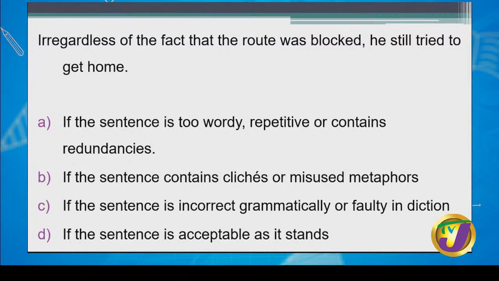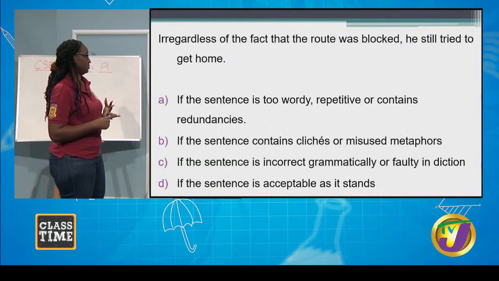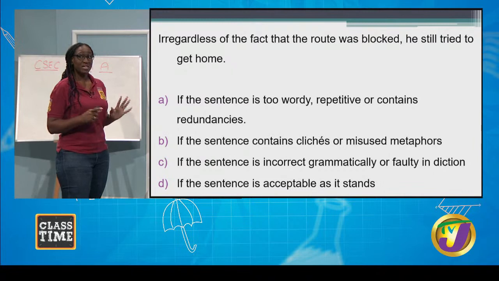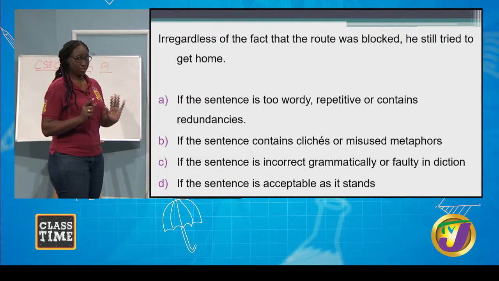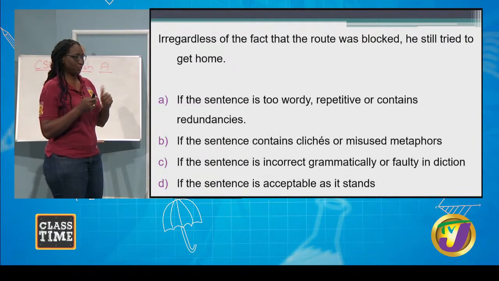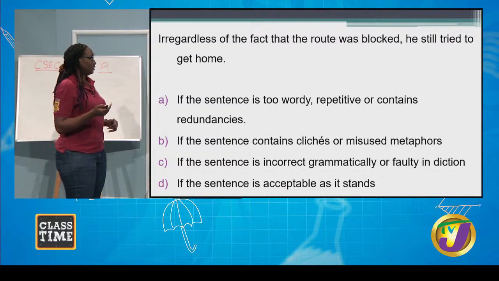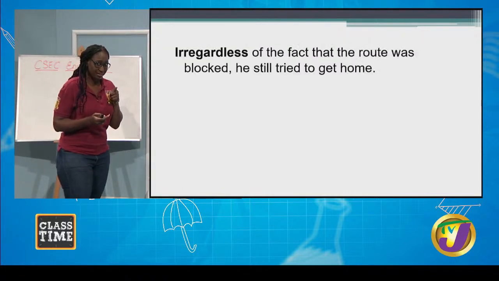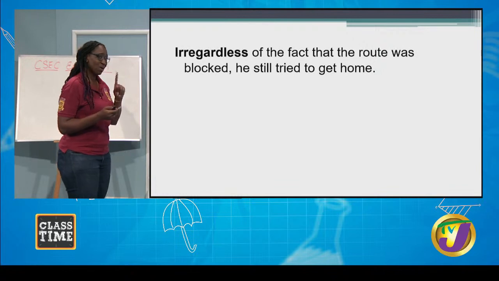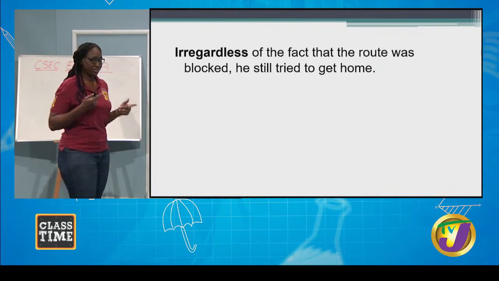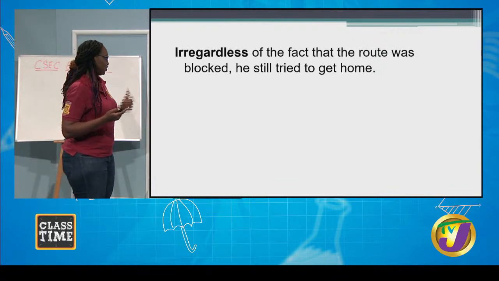Something is wrong with it, but what? Where is the error? And then what type of error is it? If you at least can find the error, you're halfway there. So let's see. The error is with irregardless. What is wrong with irregardless? What kind of error is that showing us? Let's check.